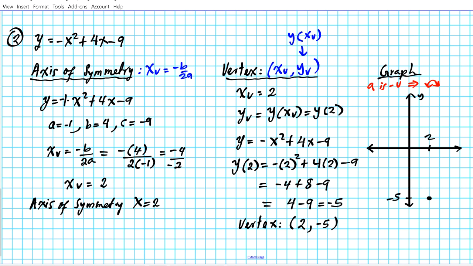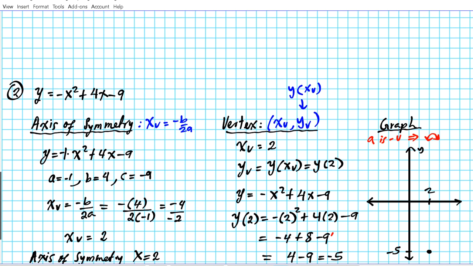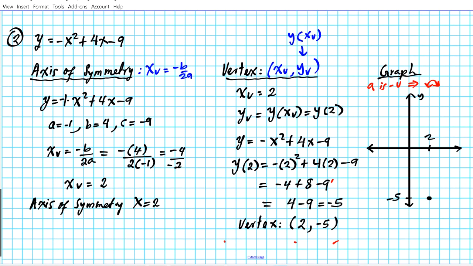Now let's go ahead and graph that. So all we do is we graph our parabolic function. Okay, it's going to be opening downwards. Starting from the vertex is going to be the highest point, so it's going to be a u that's opening downwards like this. That's what a parabola is.